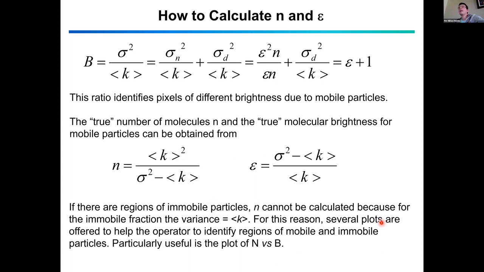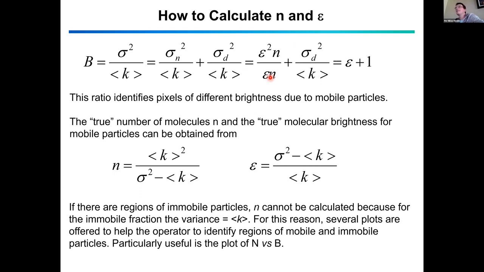So to do the derivation, we start with the brightness that we defined as the variance divided by the average intensity. Then we can split the variance into the two terms, the number fluctuations and the detector noise. Then we can substitute the different dependencies on the brightness that you were seeing on the last slide, and we see that we end up with epsilon plus 1.